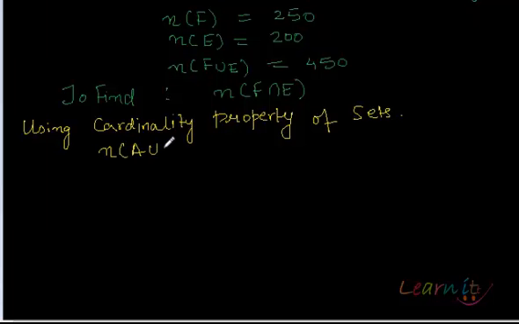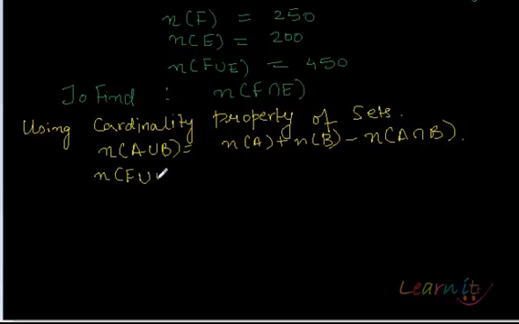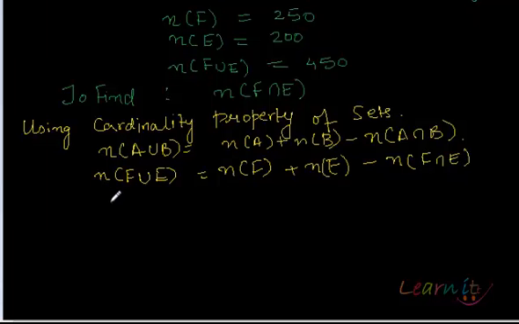n(A union B) equals n(A) plus n(B) minus n(A intersection B). So here in this case it is n(F union E) equals n(F) plus n(E) minus n(F intersection E). We have that this union is 400, which is the total number of people.